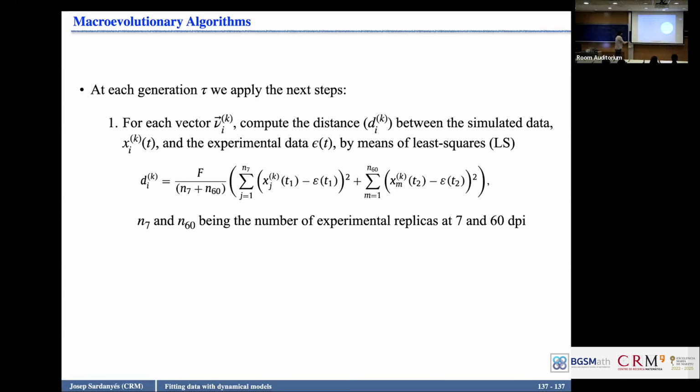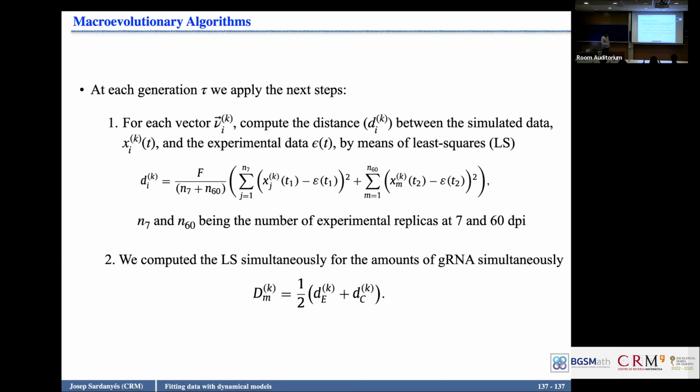Here what we did is to compute the distance taking into account the different replicates with the residuals, and this is like a normalization term, and F is a constant that we put because we got very large numbers. Here we could use another norm, let's say L2 norm or whatever, but this F was, I think, 10 to the power of 4, and it was to not have so large values of the F.